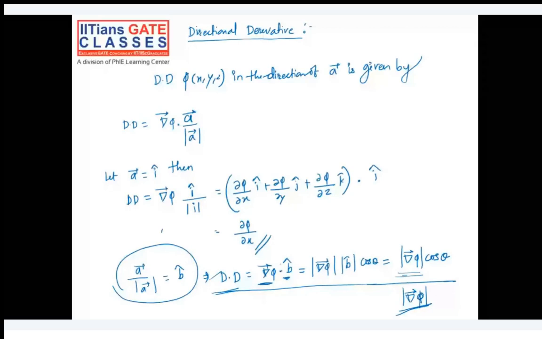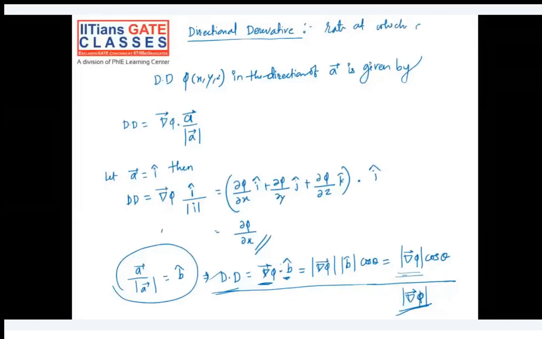Okay, so what is the meaning of the directional derivative? It is the rate at which any function changes at any particular point in a particular direction.